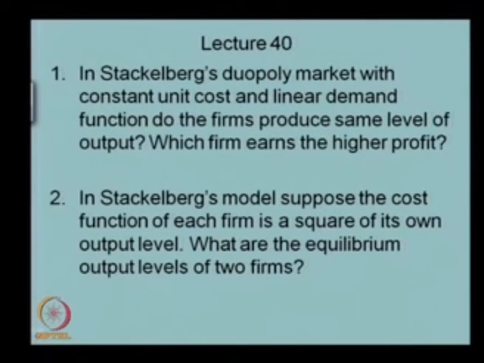In Stackelberg's model, suppose the cost function of each firm is the square of its own output level. What are the equilibrium output levels of the two firms? So, here I have q_i square. The problem remains more or less the same.